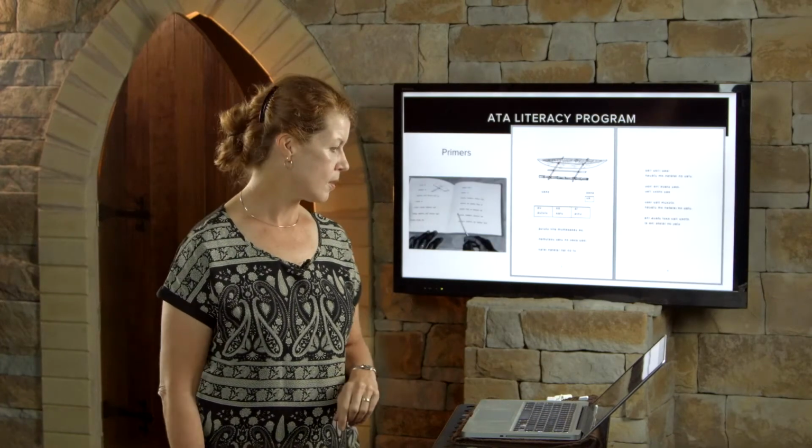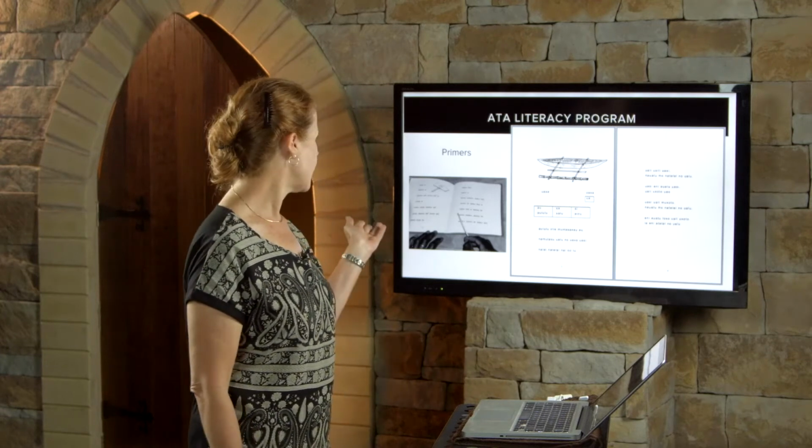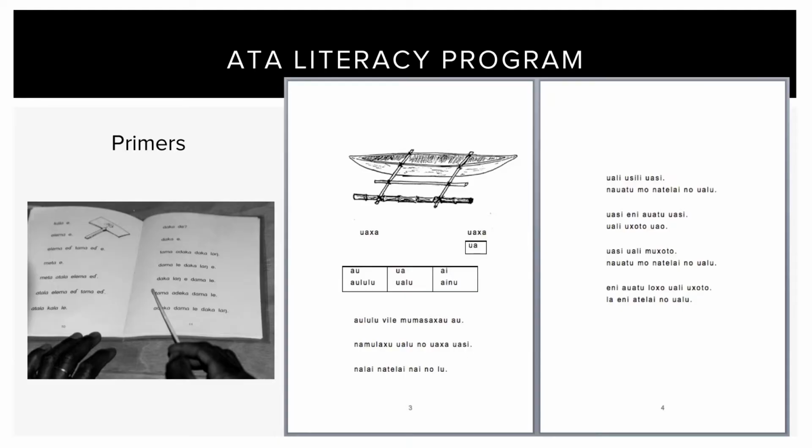The next material that we'll look at are their primers. There are 3 Arta primers that teach all the sounds of the Arta language, and they give a systematic introduction to those sounds and reading practice of all of the syllables in the Arta language.